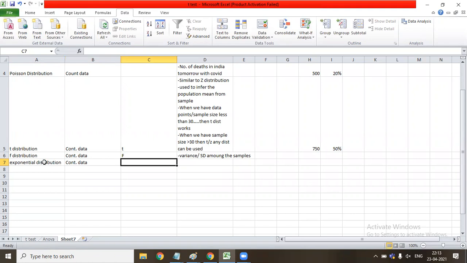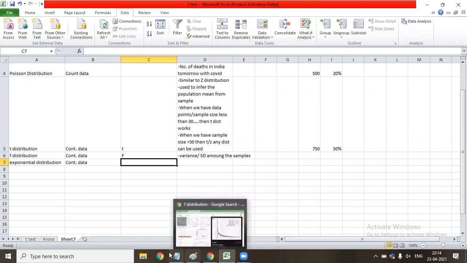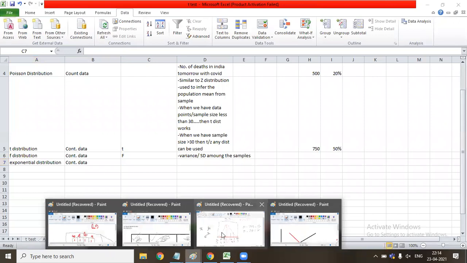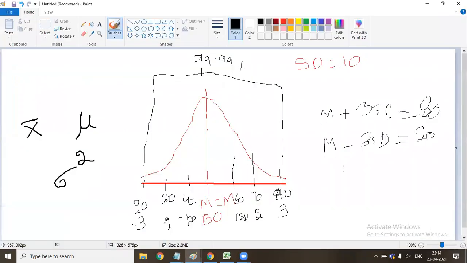The symbol is basically lambda. We call the symbol like this. This is the symbol for exponential distribution.